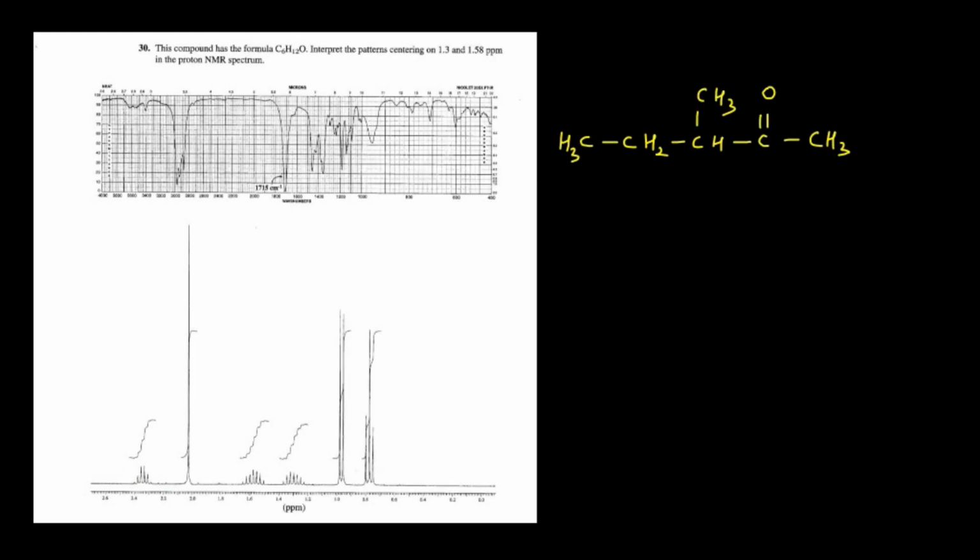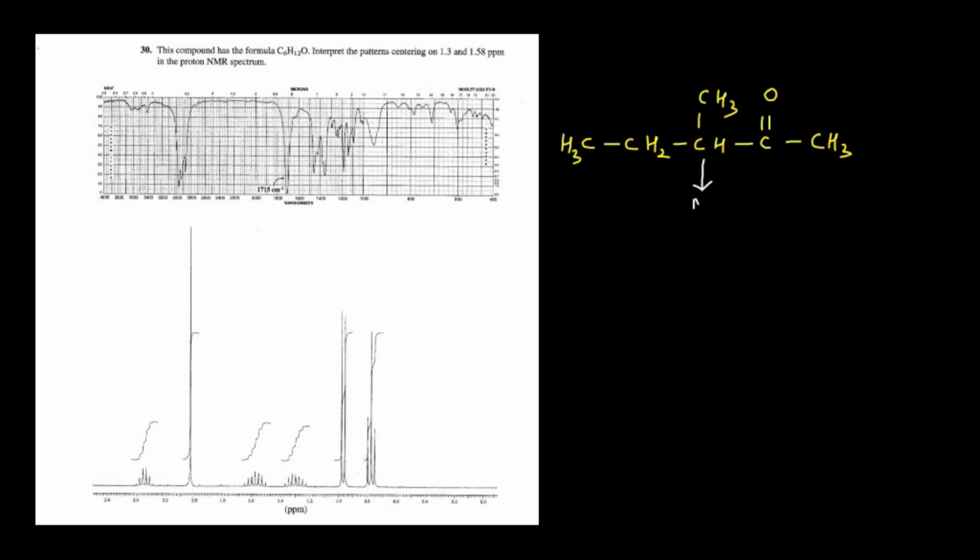First of all, we'll decide the chemical shift for the hydrogens present in the molecule. I'm telling you, this would be the most downfield signal. Why? Because this hydrogen is connected with the carbonyl group, and the carbonyl group is an electron withdrawing group.